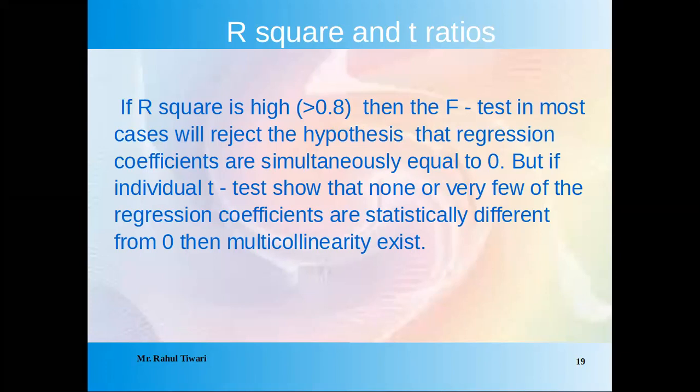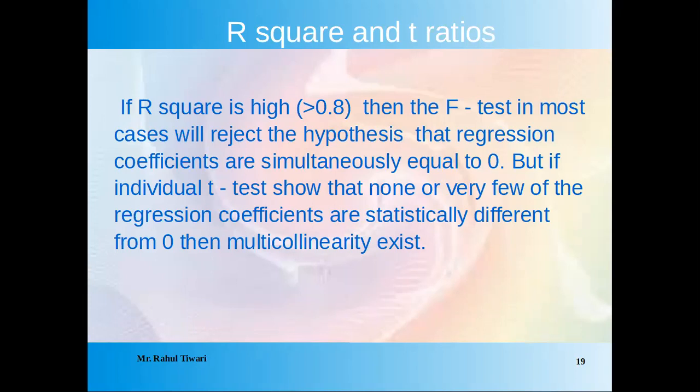One may conclude that we are rejecting the hypothesis that the regression coefficients are simultaneously equal to 0. That means you are rejecting H naught. What is your H naught? H naught: beta 1, beta 2, beta 3, and so on to beta k equal to 0.